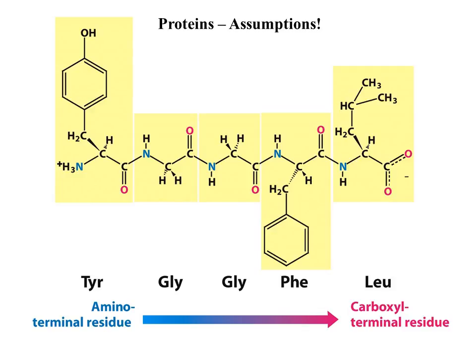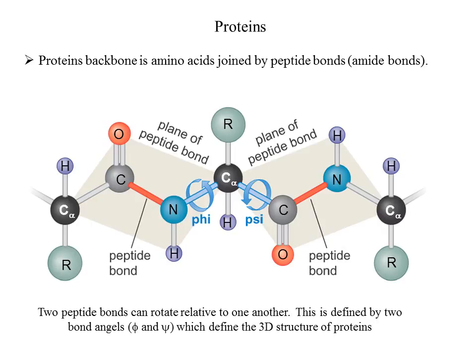So for this amino acid here, the carboxyl side is glycine, while on the amino side of glycine, there is tyrosine. Okay? So those are some of the basic concepts and terminology that we will be needing, and you will be needing if you take the next course, which is biochemical methods, and any related courses.